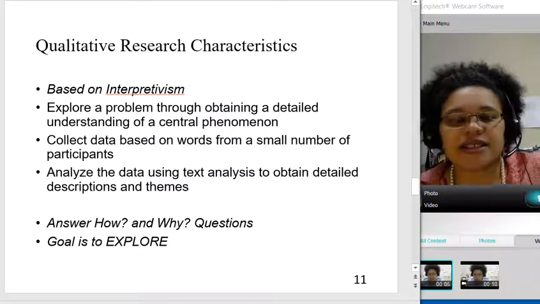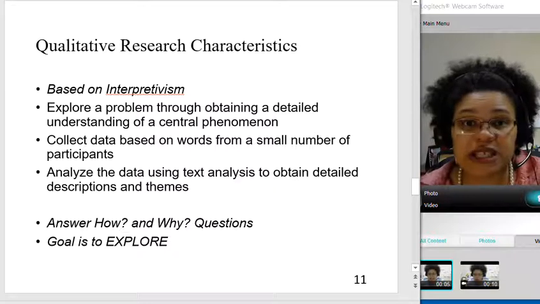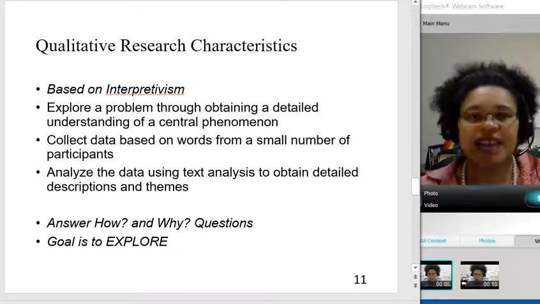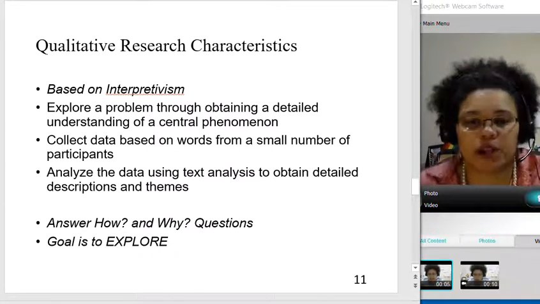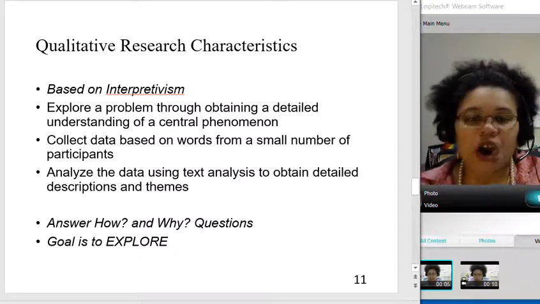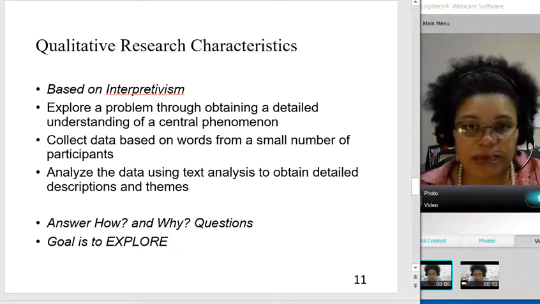Okay, and so basically we're going to collect from a small number of participants, but we're going to go deep. We're not just going to count something about them. We're going to find out something about their story. We're going to listen to them. We analyze data using text analysis to obtain detailed descriptions and themes.